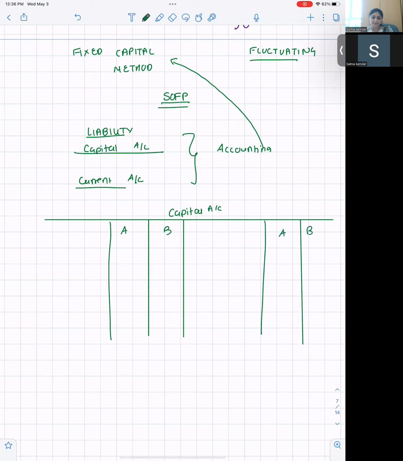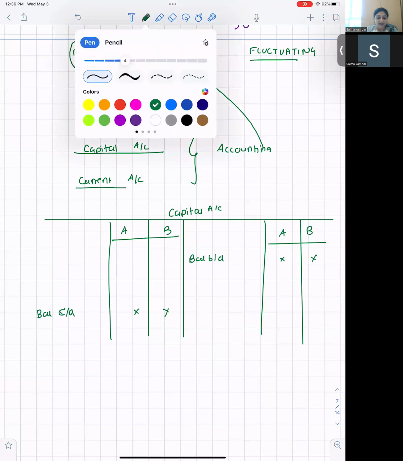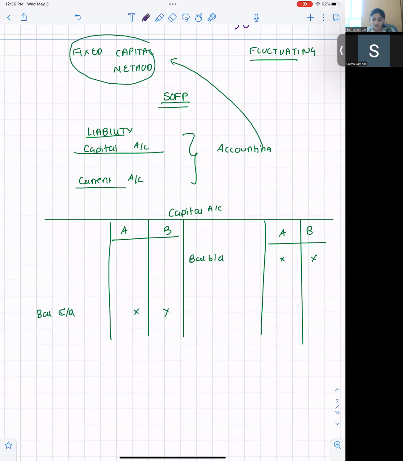The fixed capital method tells me that whatever is the opening balance of the capital, the same shall remain the closing balance of the capital. The capital balances should not change. That is why they are calling it a fixed capital method. But the capital will change only because of the following things.